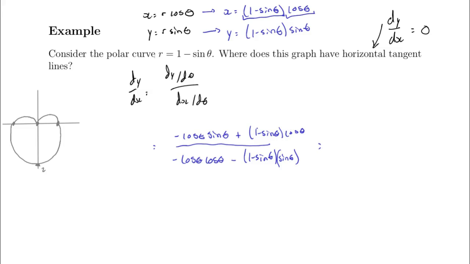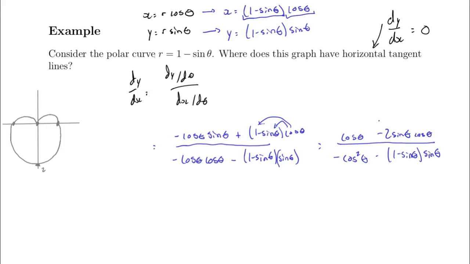I'm going to do some distributive property. So I'm going to get a term that's cosine theta. And then notice when I multiply this thing out, I also have another negative sine theta cosine theta. So I'm going to have two factors of those. Let's say this is cosine theta minus 2 sine theta cosine theta. And then in the denominator, I've got negative cosine squared theta minus, I'm going to leave this as 1 minus sine theta sine theta for now.